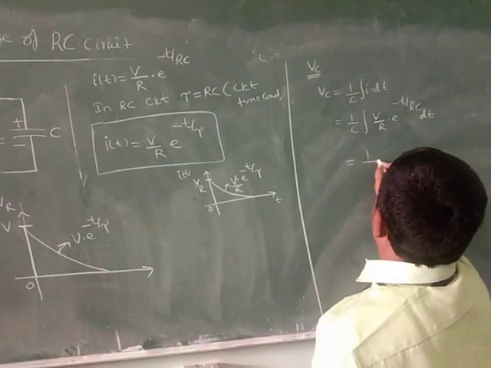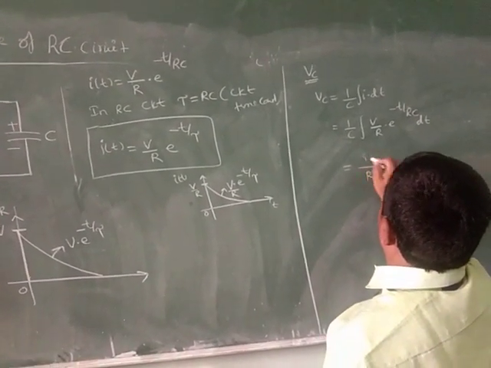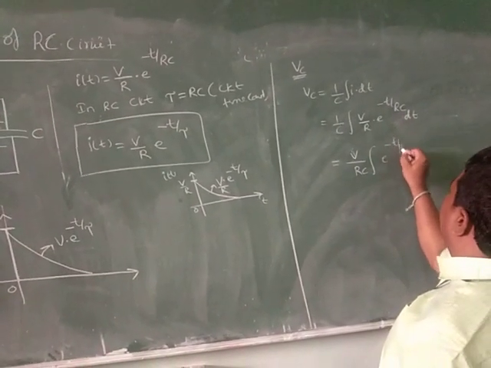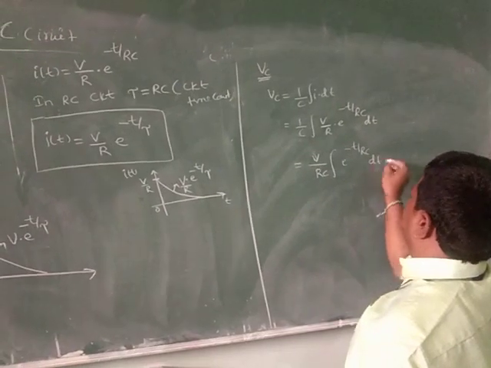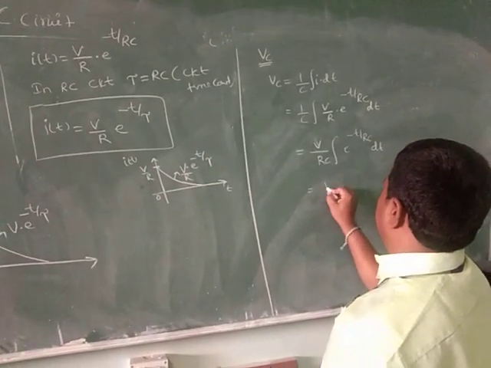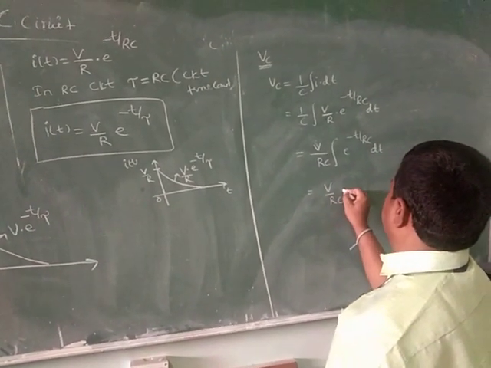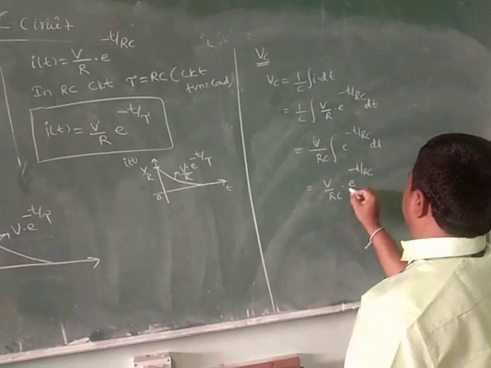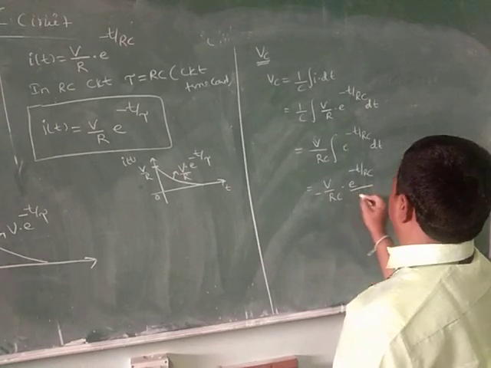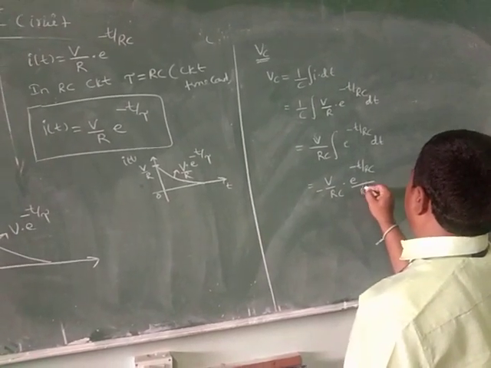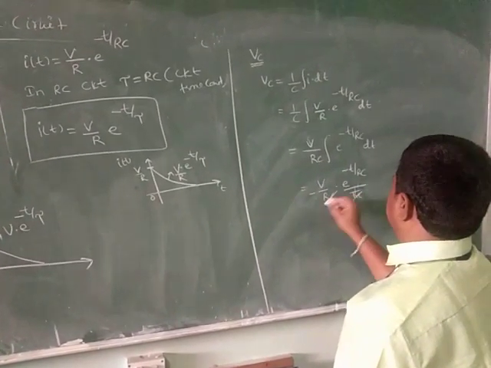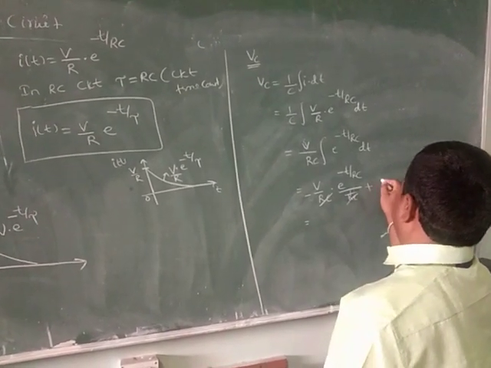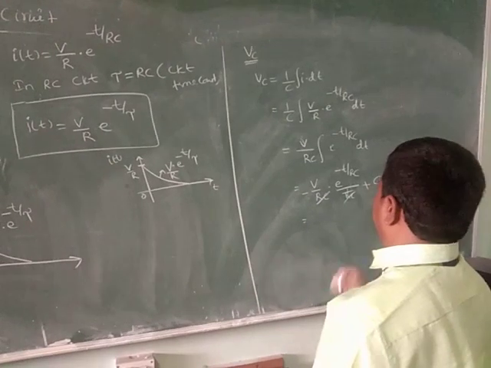We'll simplify this one. V by RC integral of e power minus t by RC dt. That is equal to V by RC, e power minus t by RC, divided by minus 1 by RC, RC gets cancelled, plus constant C1.